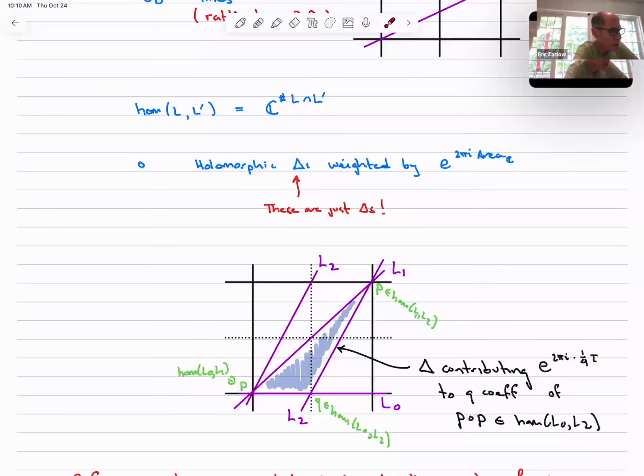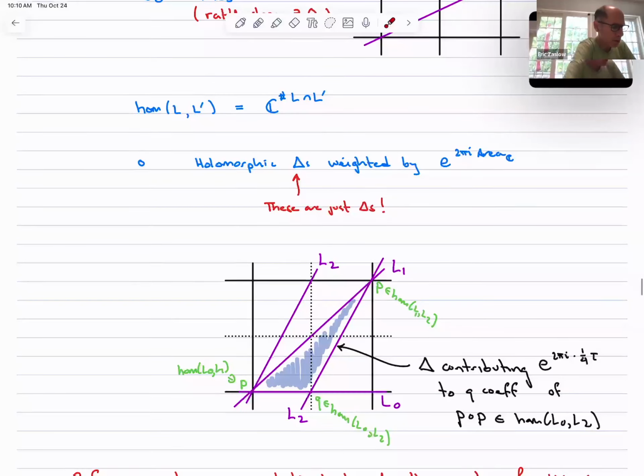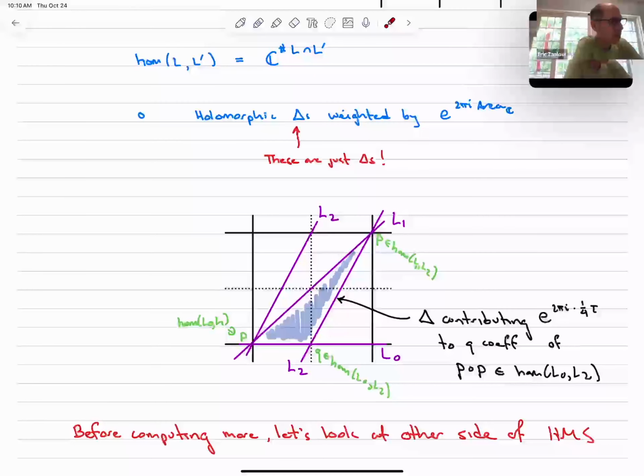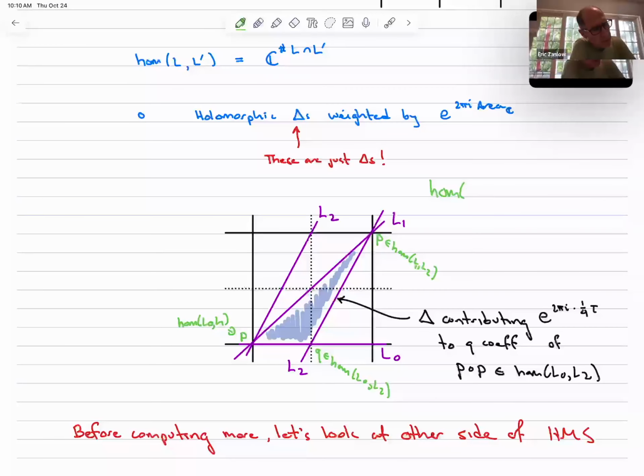What about L0, L2? So what we're going to do is calculate something like the composition, which will map L0, L1.